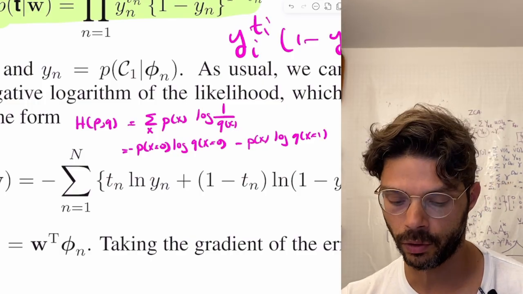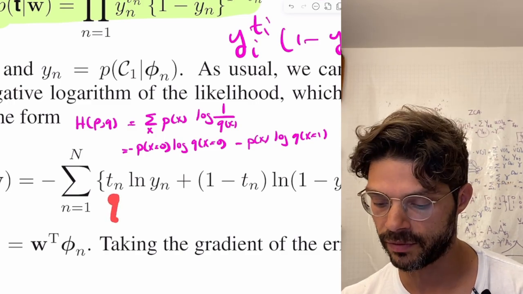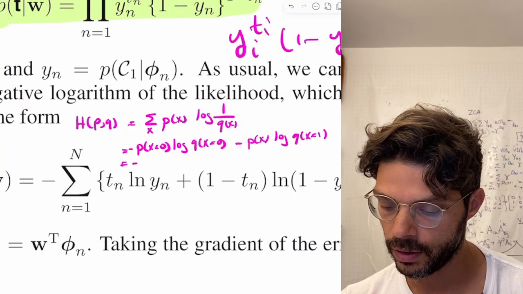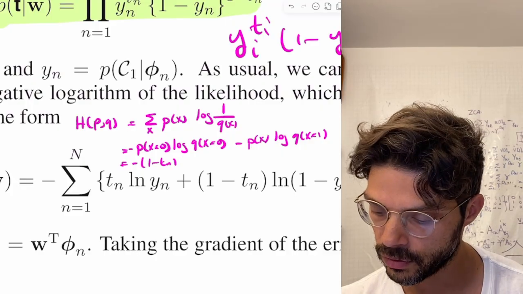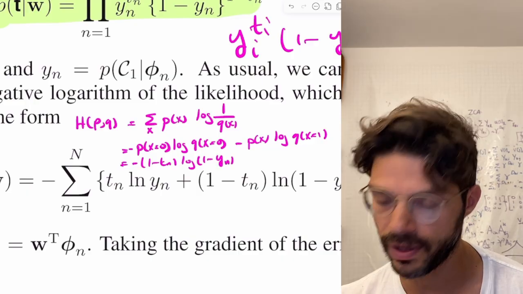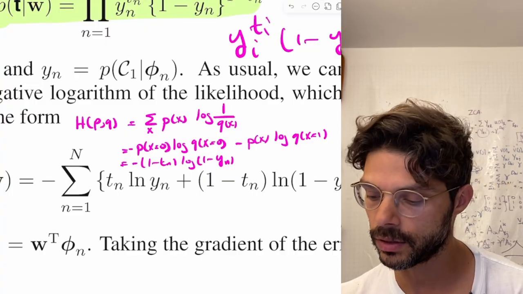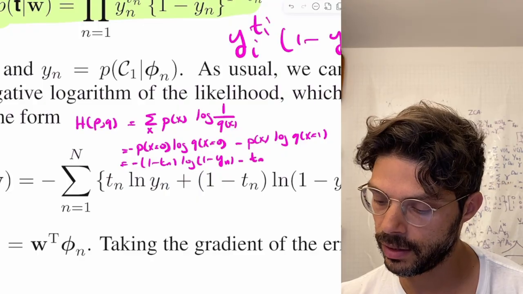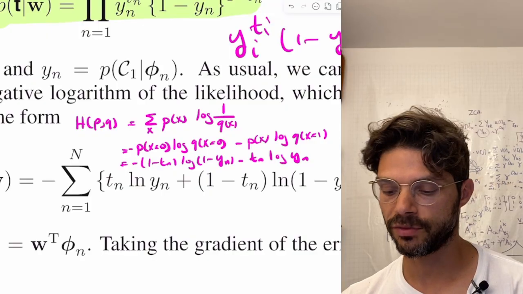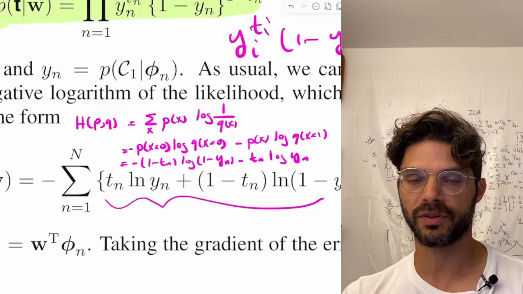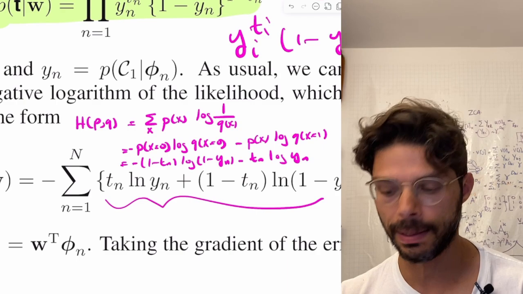Our p of x are the true probabilities for each of our labels. So this is actually just going to equal minus 1 minus tn times log of 1 minus yn, which is the probability of the class being 0, minus tn times log yn. So what we have here is precisely this cross entropy, and that's where the name comes from.